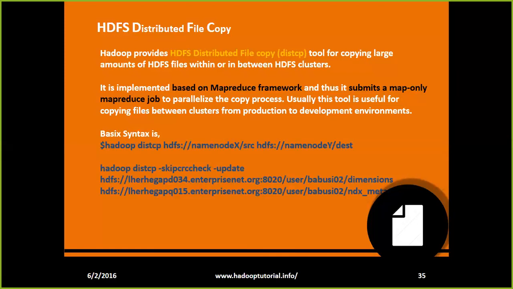But this sometimes takes a relatively longer time if you don't skip that CRC check, and if you have a lot of data, sometimes we skip this. That's why I kept it here. But this is up to you whether to skip or keep that. This is the basic command.